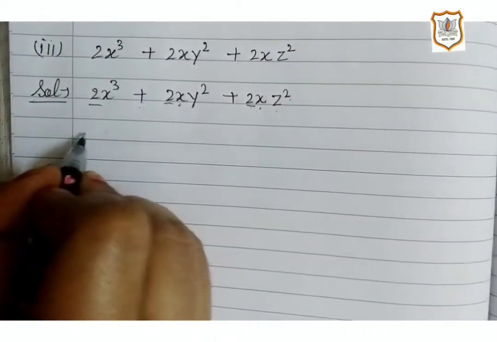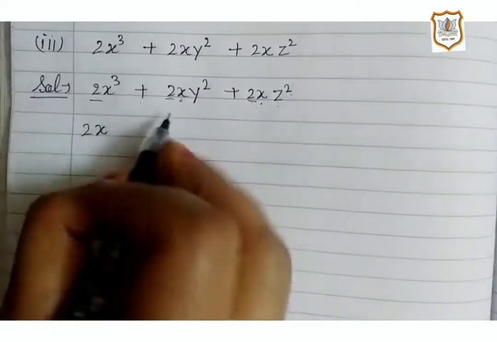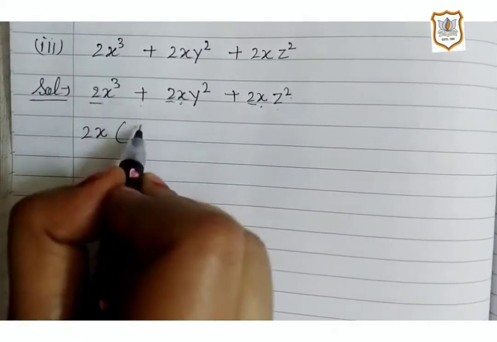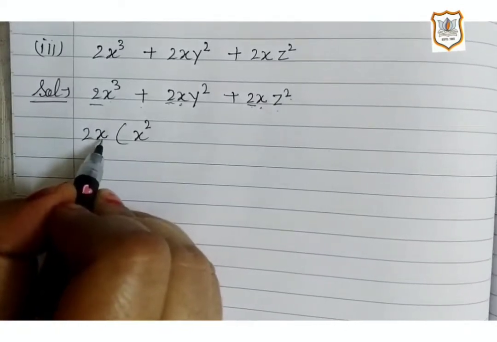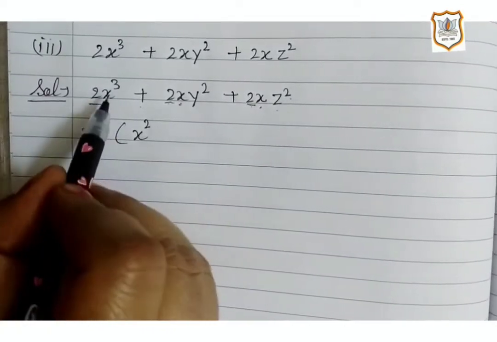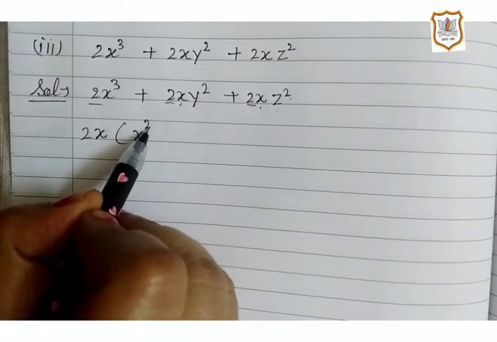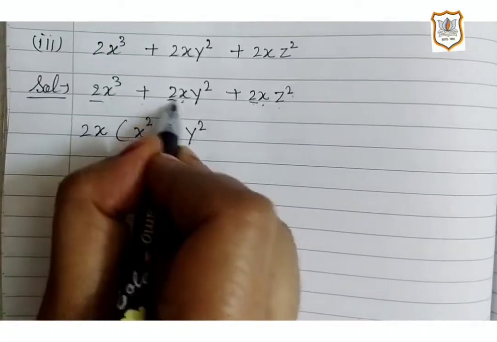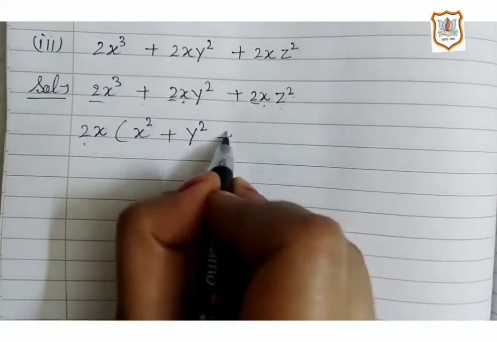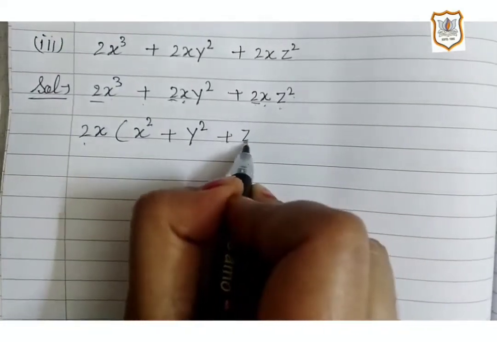So we will take the common factor as 2x, and now if we divide 2x cube by 2x we will get x square, plus here we will write y square, as if we divide 2xy square by 2x we will get y square, plus z square.